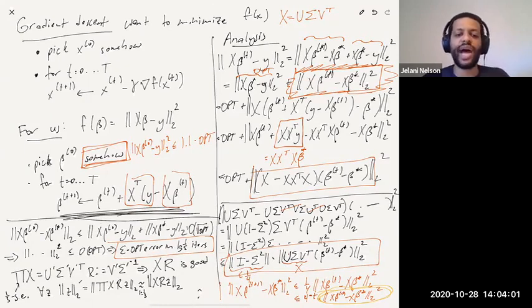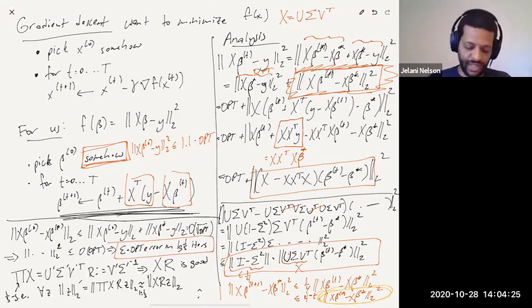And if your original X was sparse, great, you're still applying X each iteration, and X is sparse, so you can multiply by X quickly. So you can basically do each iteration in time proportional to the sparsity of X plus some poly D term to apply R.